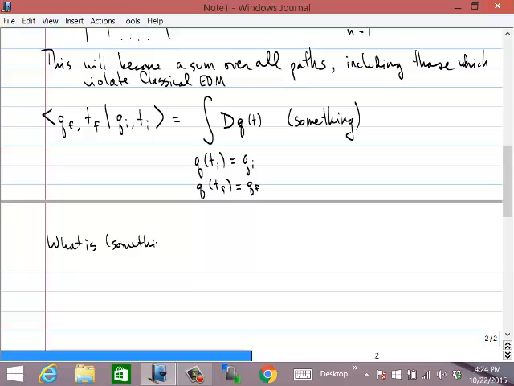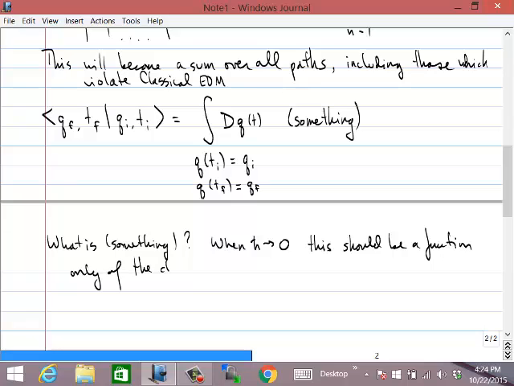So let's try and just guess what the integrand of the path integral in quantum mechanics is. Well, the first thing you know about this is that we know how this transition amplitude should behave in the classical limit. In particular, in the classical limit, that is to say, when h bar goes to 0, this transition amplitude should be a function only of the classical path that solves the equations of motion.